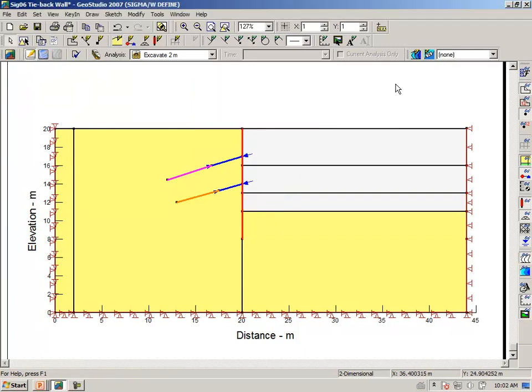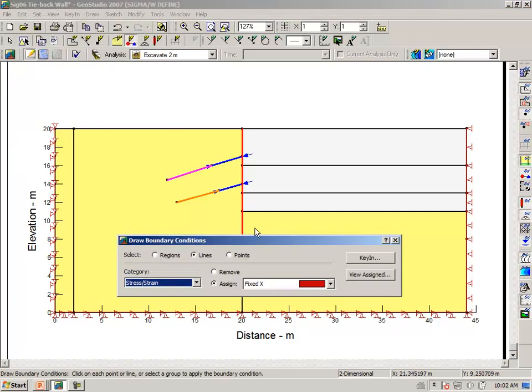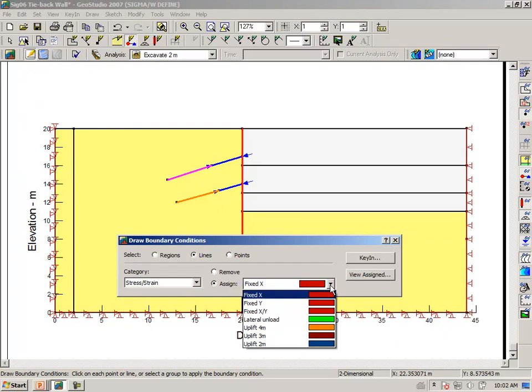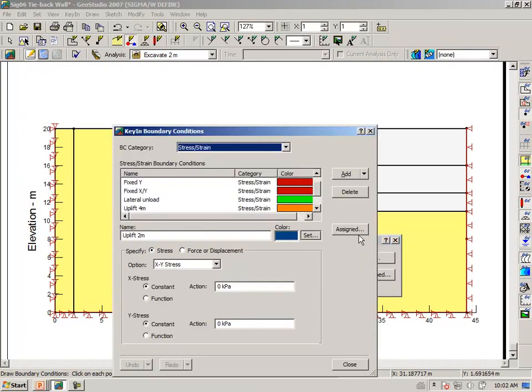And now we have to apply the boundary conditions that represent the removal of the stresses. Draw boundary conditions. 2 meters of uplift. In this case, 2 meters times 20 is 40 kPa.